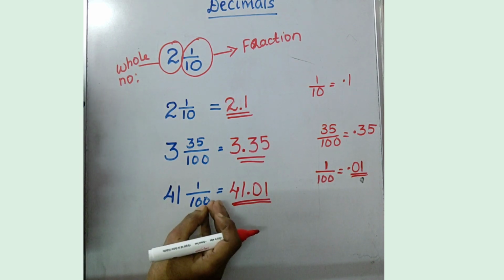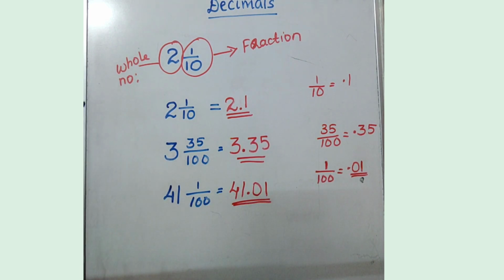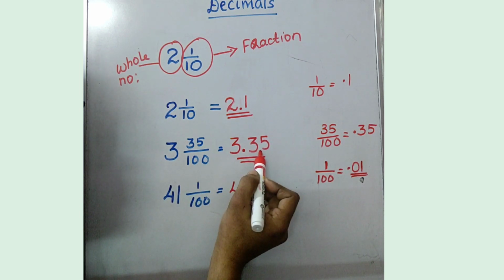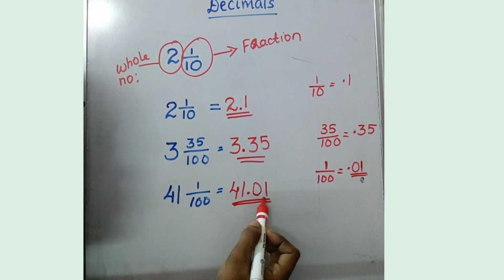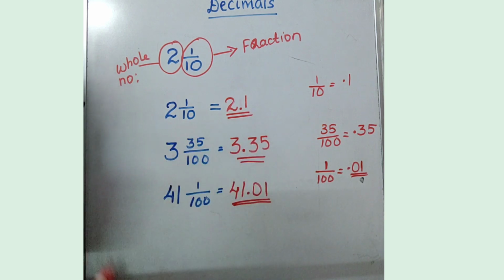The zeros determine the number of decimal places. Here 2 zeros, so 2 decimal places; 1 zero, 1 decimal place.